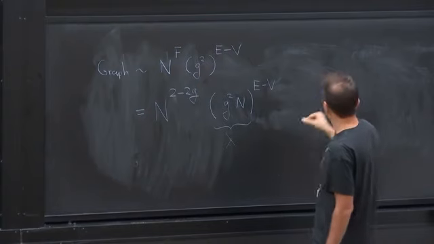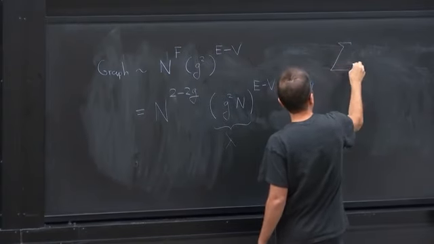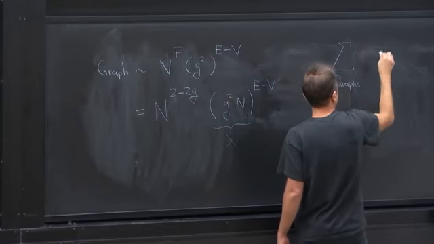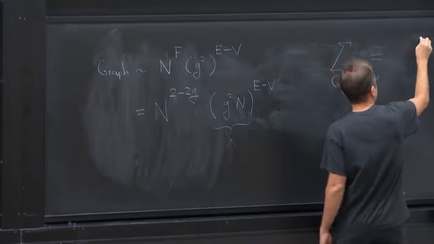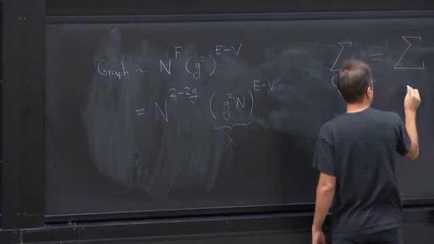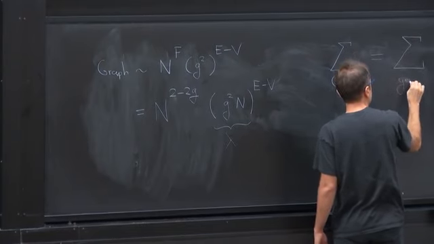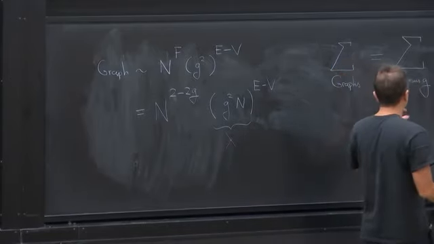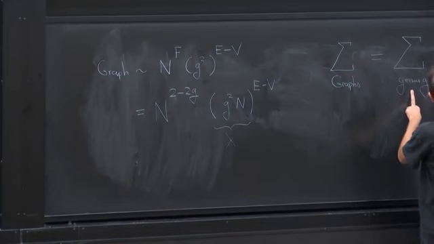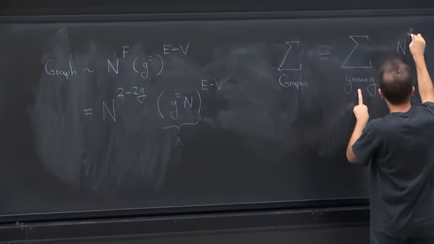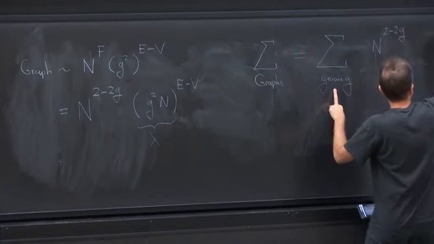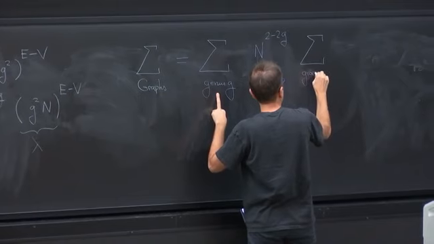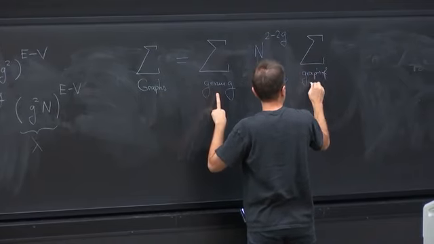And so we conclude that if I sum over all graphs, I can write this as a summation over the genus g. Then each genus g will give me some factor of n to the 2 minus 2g. And then I sum over all graphs of genus g.